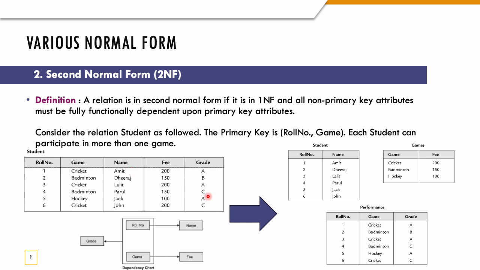First, we have student with roll number and name. And then the second table contains game and fee, and performance. Performance includes roll number, game, and grade.